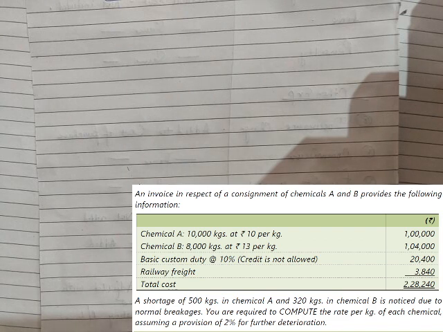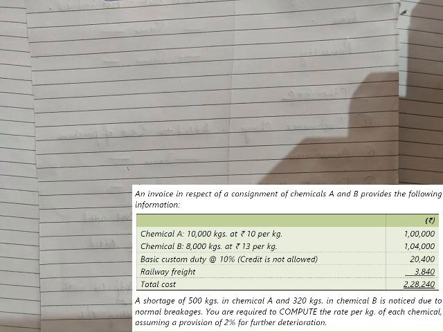Now it is given that a shortage of 500 kgs in chemical A and 320 kgs in chemical B is noticed due to normal breakage. So this is a normal loss.